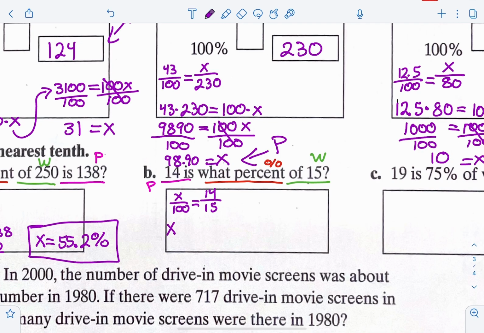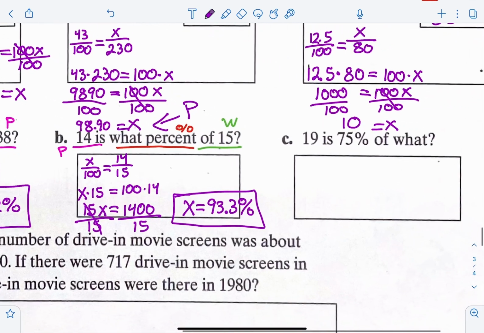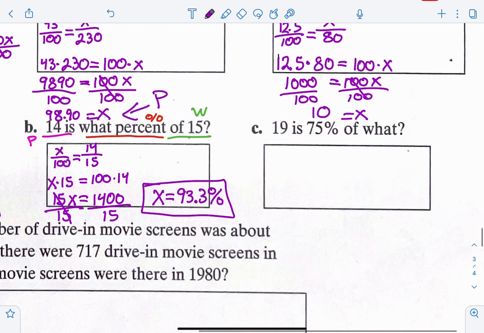Cross products are going to be x times 15 equals 100 times 14. 15x equals 1,400. Divide both sides by 15 to get that x by itself, and x is going to equal 93.3%. Okay, so we were looking for a percent, so again, I have a percent symbol in my answer.